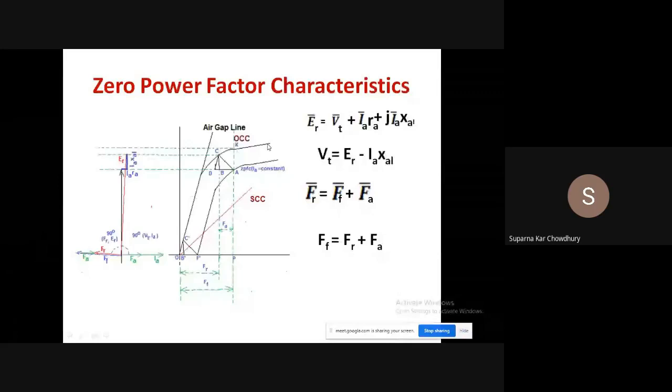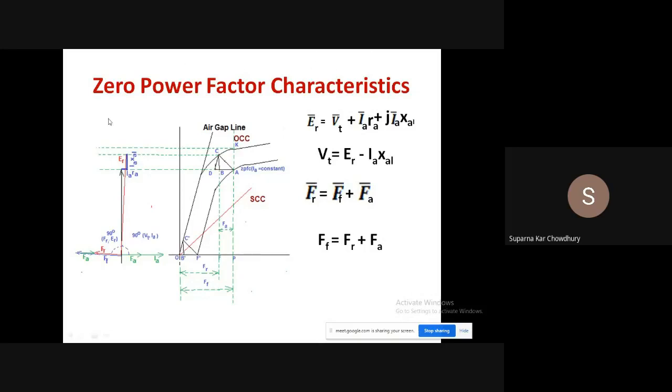That is, OCC, which gives the induced voltage and the resultant field under open circuit condition, also gives the relationship between the induced voltage and the resultant field under loaded condition. Actually, due to saturation and other drops, there is a slight difference, but the difference is very negligible. For practical purposes, we consider OCC gives the relationship between ER and FR.